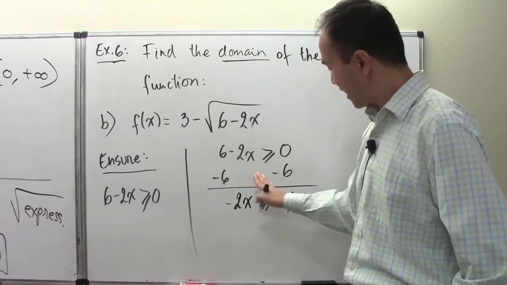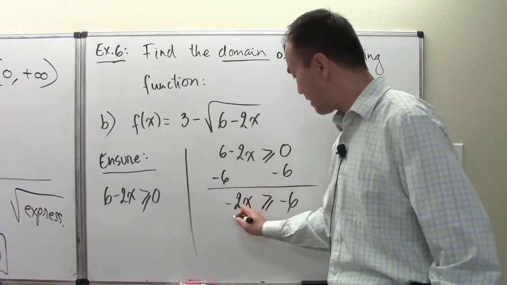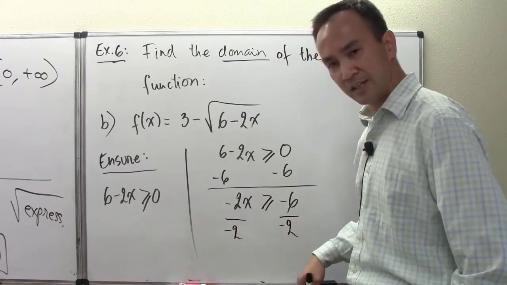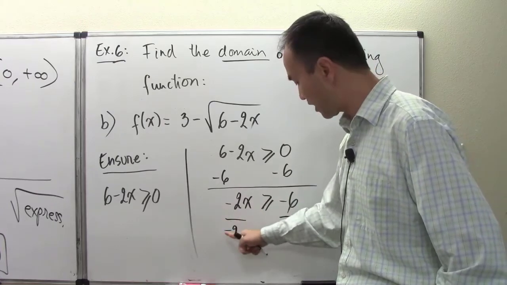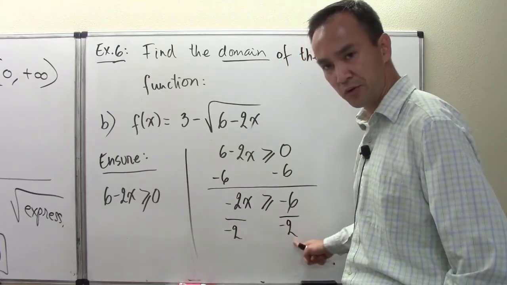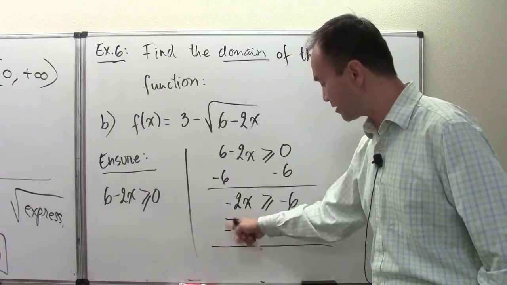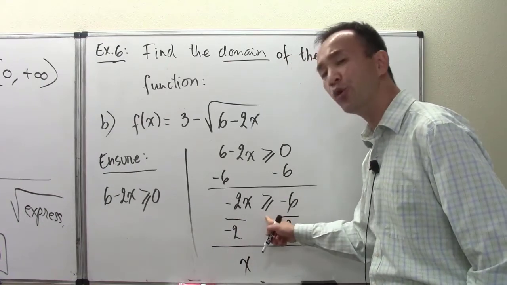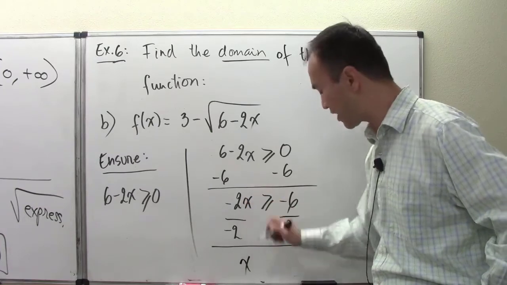I am going to divide both sides by negative 2. But when you arrive at the next step after dividing by negative 2, make sure to reverse the direction of the inequality, just the way inequalities work.